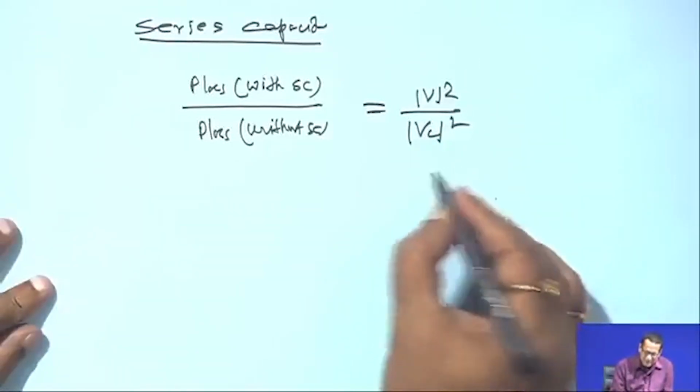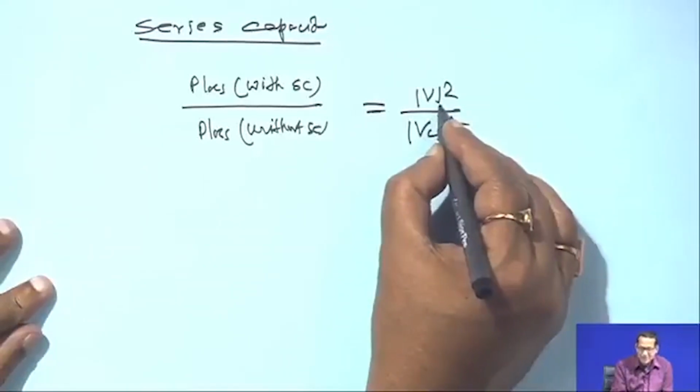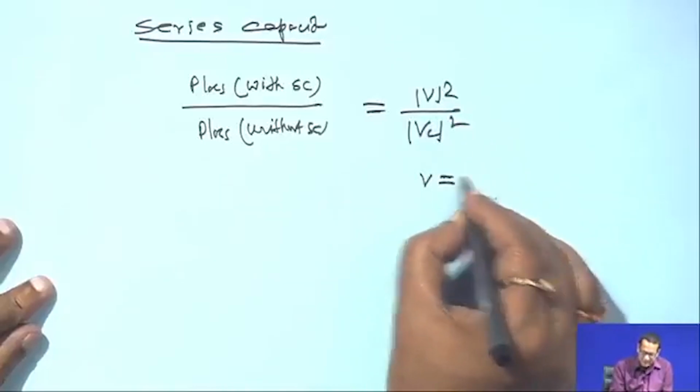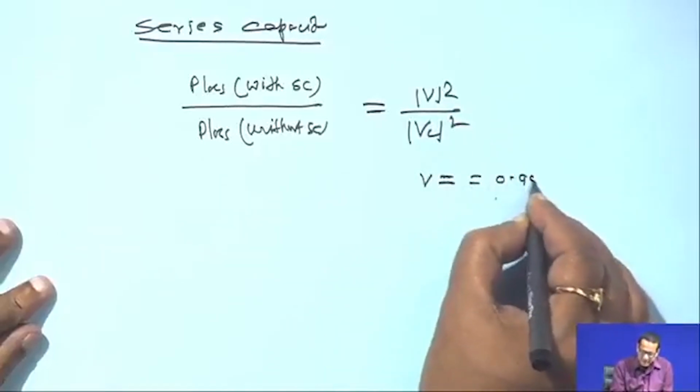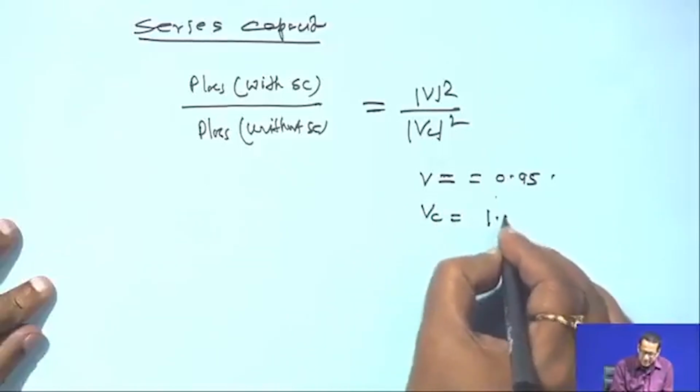Just for the purpose of understanding, suppose the voltage before the capacitor, that is without the capacitor, was 0.95, and suppose after placing the capacitor you got 1.0.